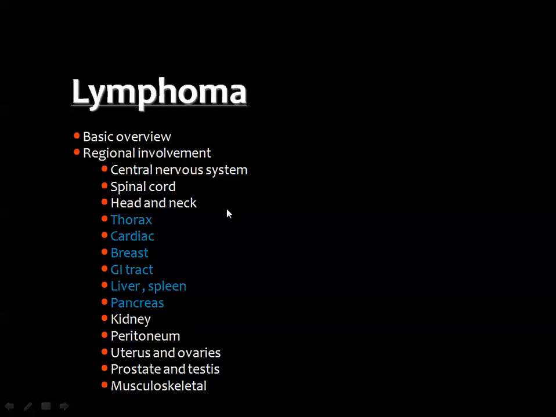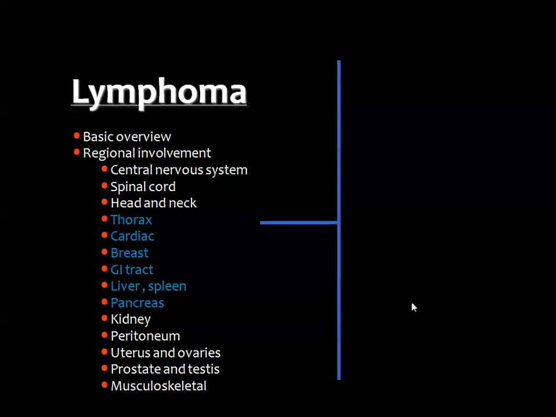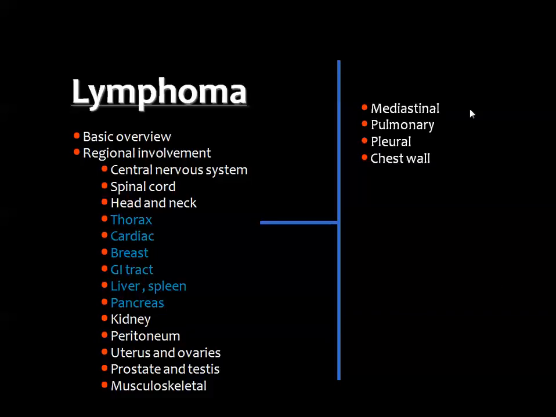And this part will discuss lymphoma of the thorax, including the mediastinal, pulmonary, pleural, and chest wall affection. Then we'll discuss the cardiac lymphoma and few words about breast lymphoma. Then we will talk about GI lymphoma, including esophageal, gastric, small and large bowel.